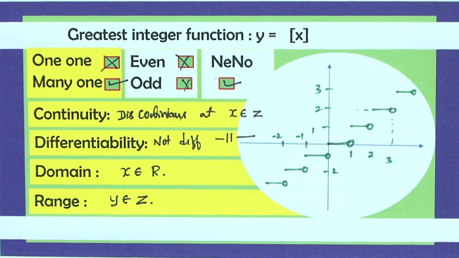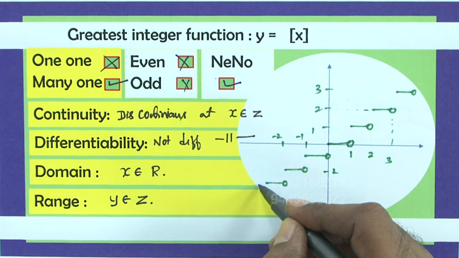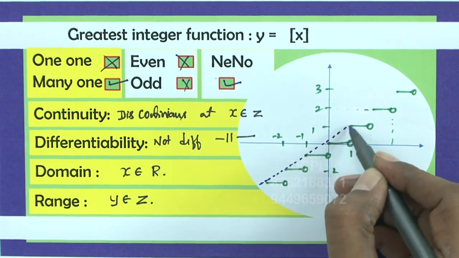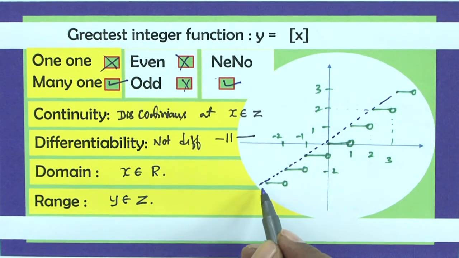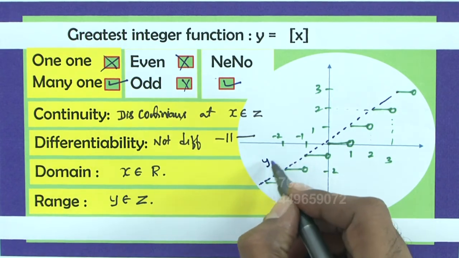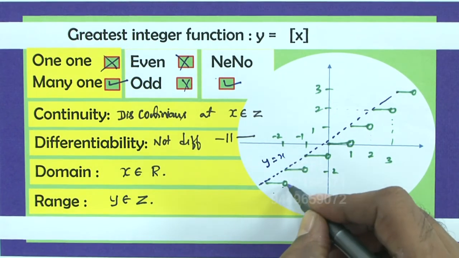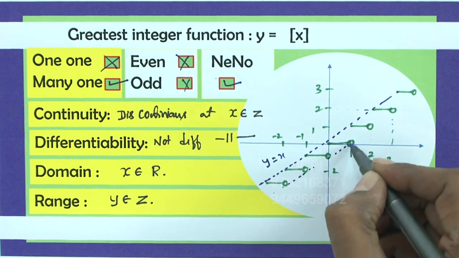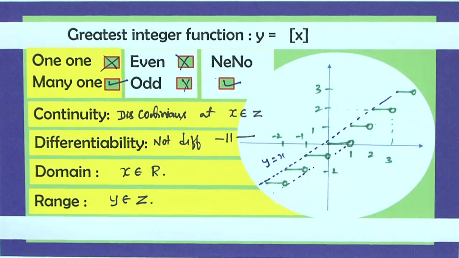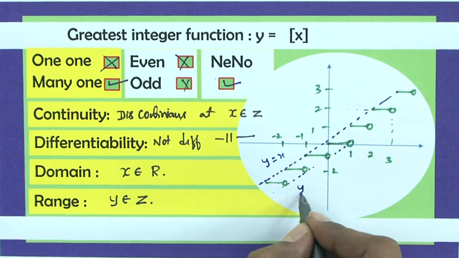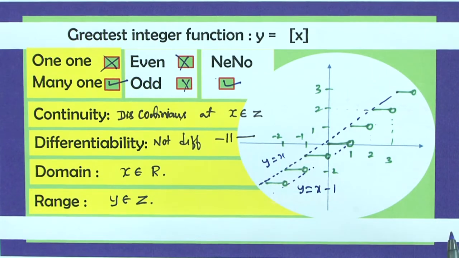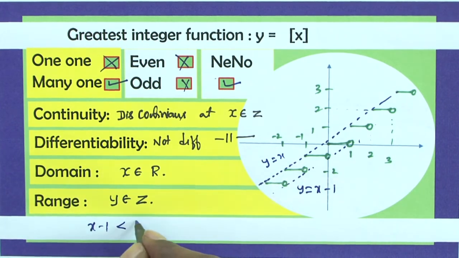Anyway, coming back to this, right? If I continue this line, then this line is y is equal to x. What about this line, dear students? This is y is equal to x minus 1. Do you agree with me? So, x minus 1 is less than y, less than or equal to x.